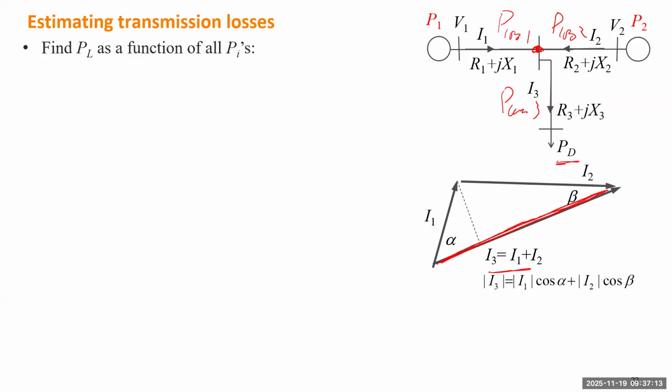So if we draw this line, which is like the height of this triangle, the absolute I3 will be equal to this part plus that part. Which will be absolute I1 multiplied by cosine alpha plus absolute I2 multiplied by cosine beta.